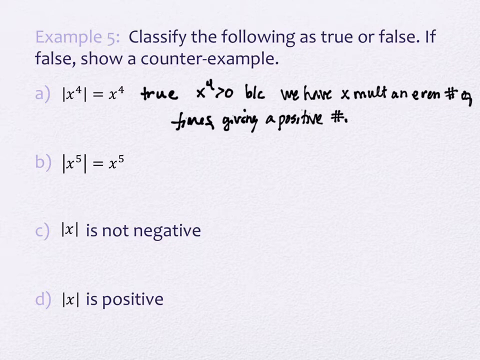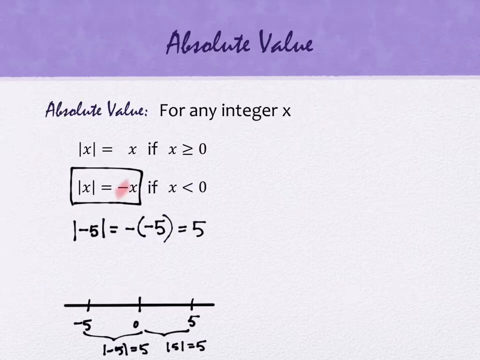Since the x to the fourth is already positive, the absolute value simply doesn't change the value, right? It fits into the first description here. The absolute value of x is equal to x because x is already positive.